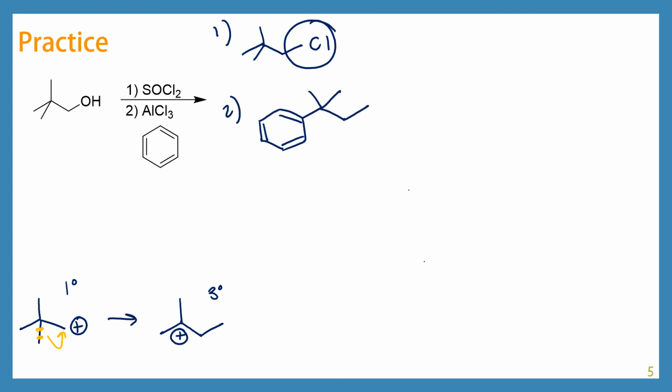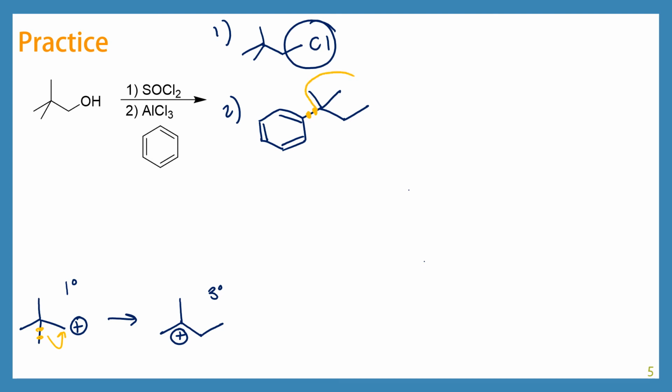Now, once you've drawn your product, this is definitely a situation where students start to lose carbons. So I want to go over just how to compare your product to your intermediate real fast to make sure that you ended up with the correct product. So this is the bond that was formed during the electrophilic aromatic substitution reaction.